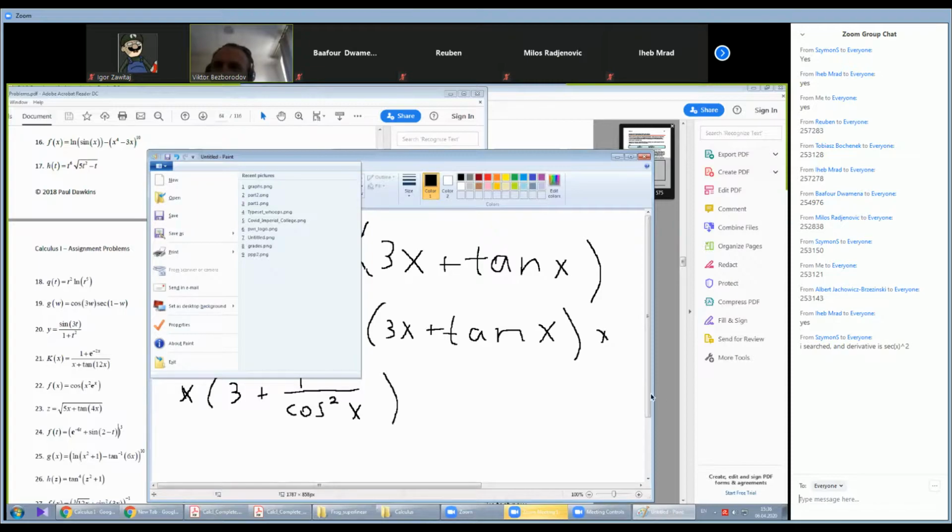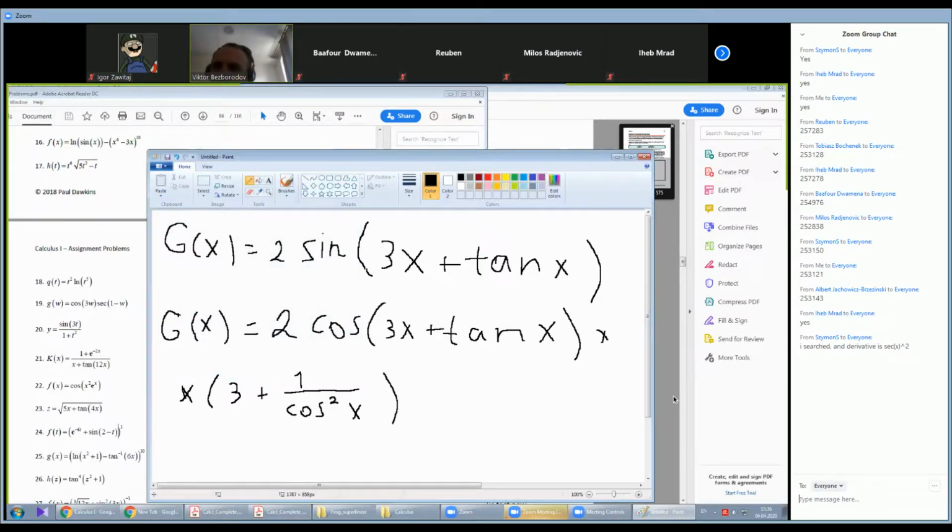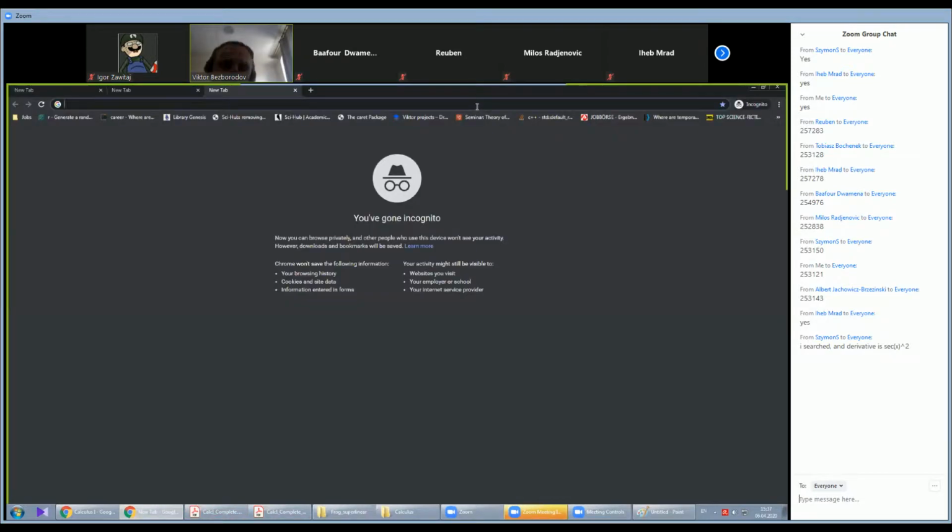Right. So second, I think, is the trigonometric reverse. It's 1 over sine, right? Or it's 1 over cosine, right? So I think it's secant. This is a reverse trigonometric function. I can even check.